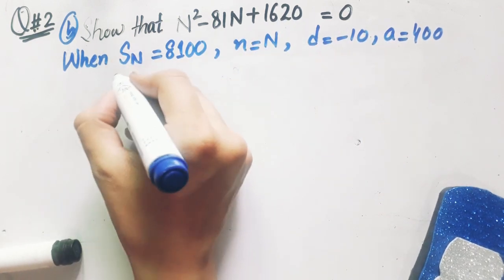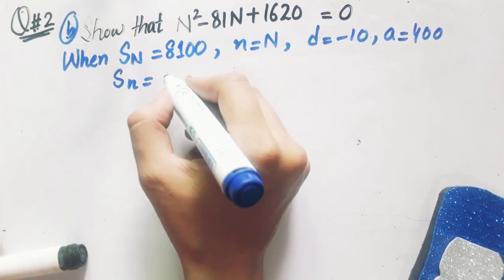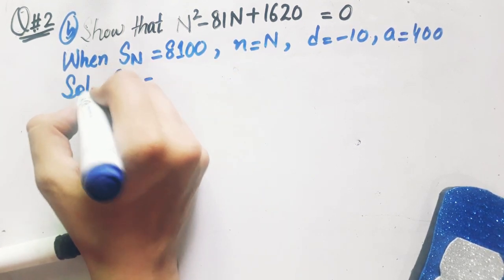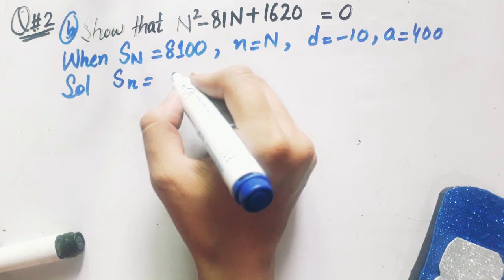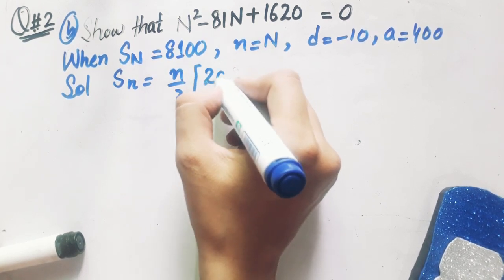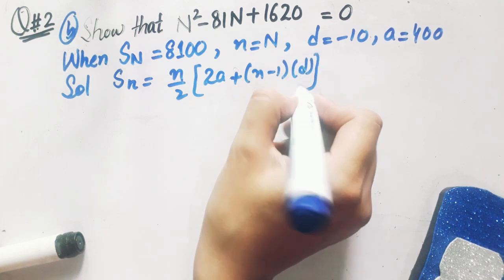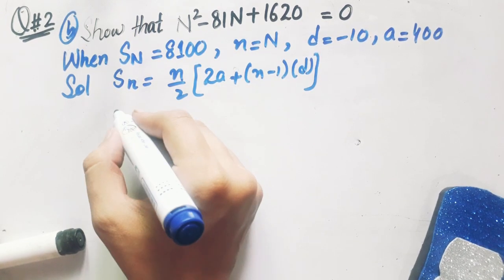So we will apply the formula of Sn, that is equal to n by 2 into 2a plus n minus 1 into d. So we will put all the values inside this.